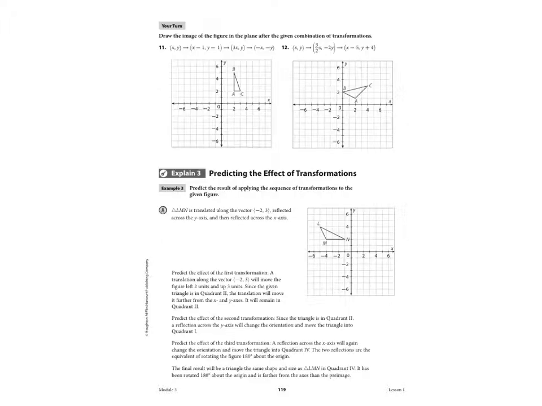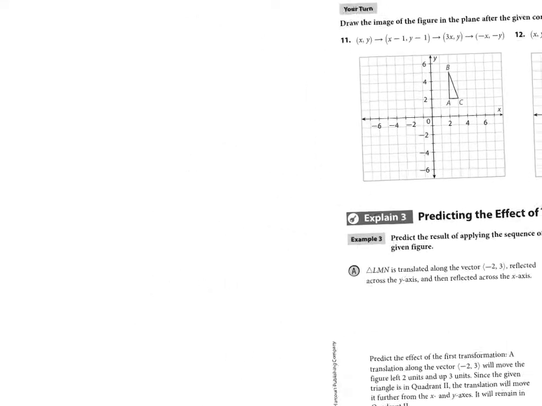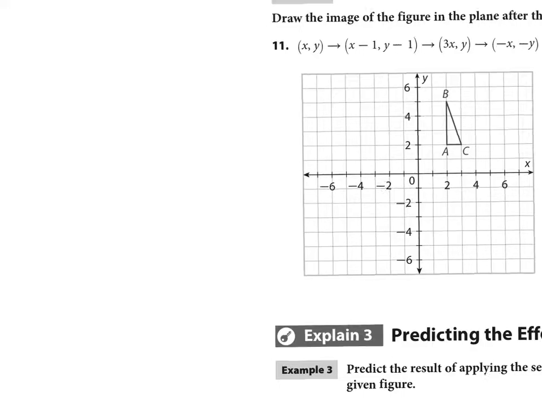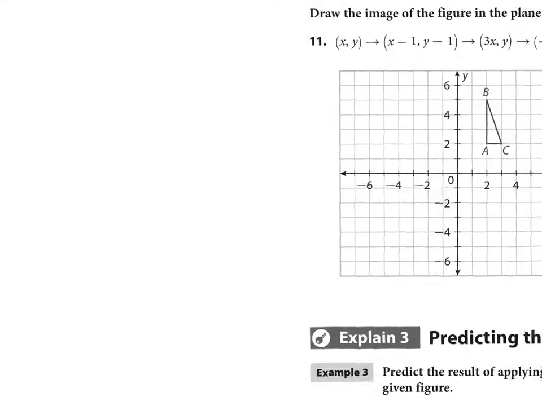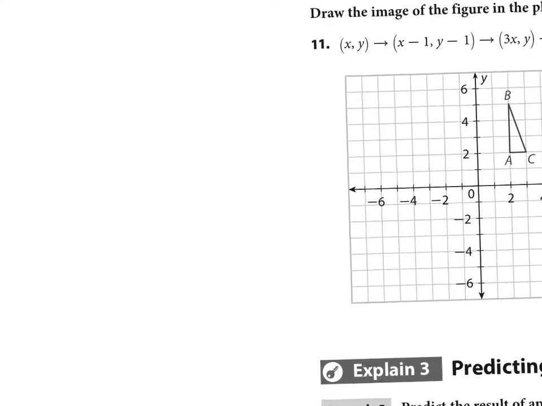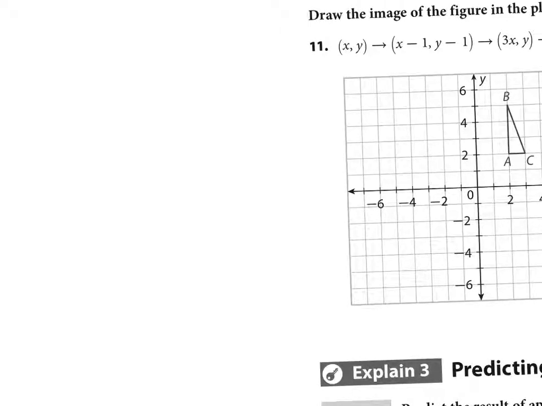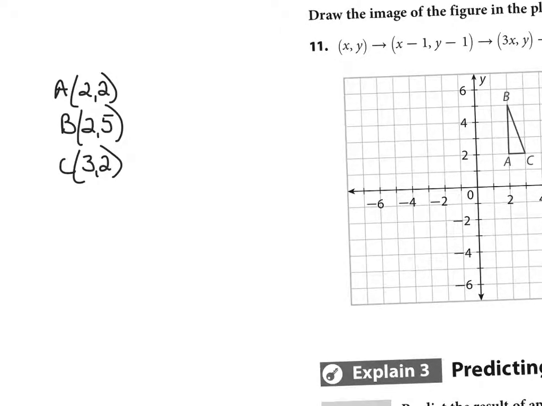I'm going to do example 11 on page 119. And the first thing that I think you should do on any of these is write down all your original points. So the first thing it wants me to do is to subtract 1 from x and 1 from y.